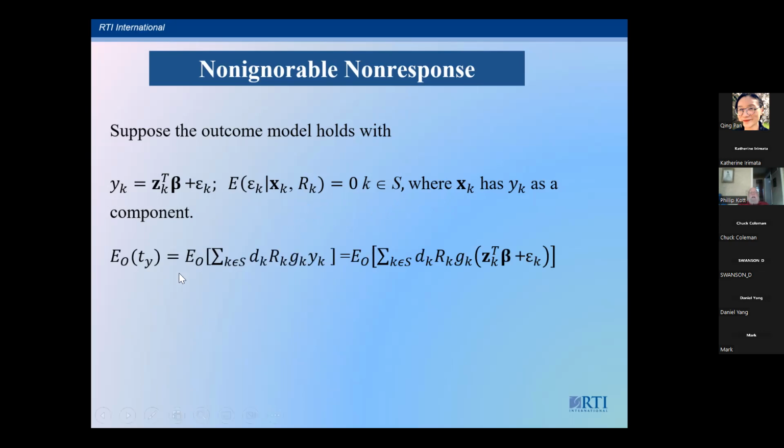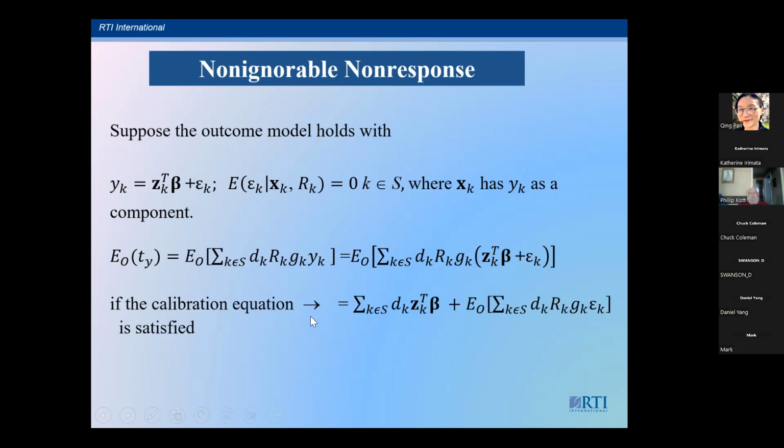Under the outcome model, we would just ask what the expected value is, and instead of Y, we put in ZB plus epsilon. Because of the calibration equation holding, this first part is equal to this first part here, and the second part is equal to the second part here. And because the expected value of epsilon given X and R is 0, the second part is 0. And so we just have the first part.